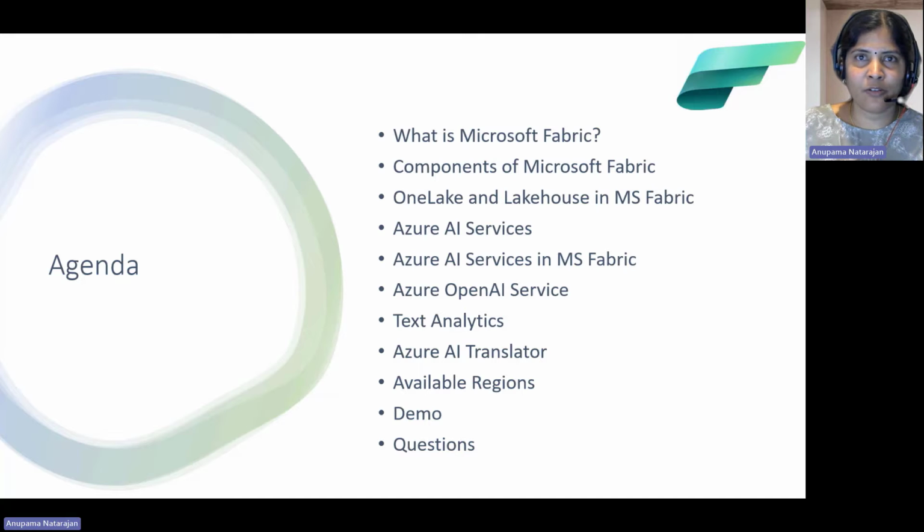If you or your client are in that situation, it is good to know where these services are currently available and can be used. We'll do a quick demo of how you can leverage the AI capabilities with Microsoft Fabric. If you have any questions, I'm happy to take them towards the end of the session.